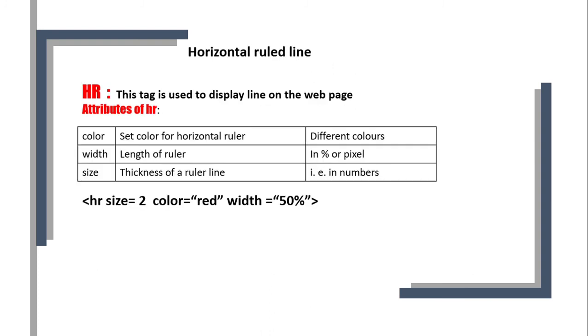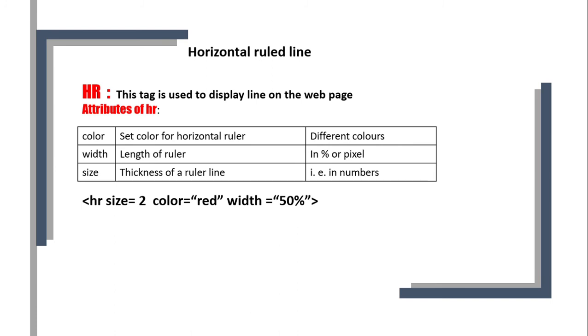After the image tag, we have one more singular tag, that is the horizontal ruled line. The HR tag is used to show a single line on your web page. Whenever we use the HR tag, you get a black, thick line.